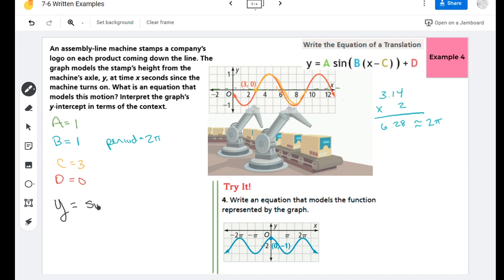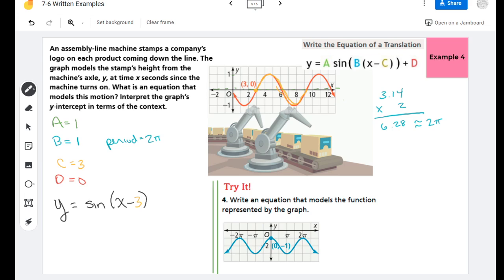So I'm going to write the sine. My B value is 1, so I don't need to put any 1 in there. I can just go straight to the x minus c, so x minus 3. And then my D is 0, so putting plus 0 wouldn't do anything. So that is the final form of my equation, which really isn't that bad, actually.